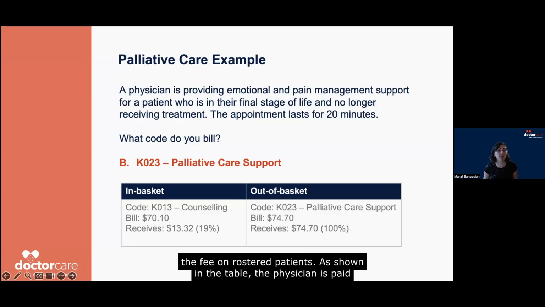As shown in the table, the physician is paid 19% of the fee amount when billing the in-basket code, but when they bill the out-of-basket code, they would receive a higher return. So in essence, the answer to the question is that you would bill the K023 for the service you provide to the palliative care patient.